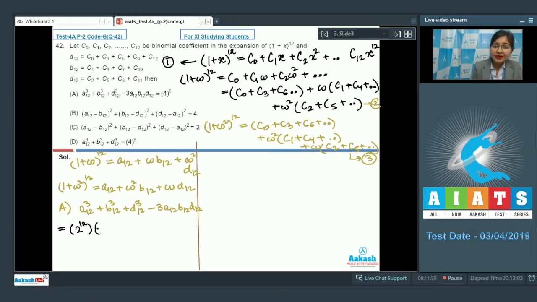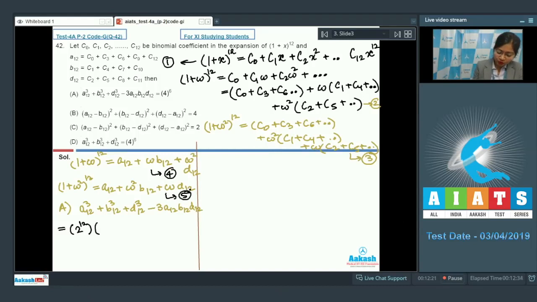And we know that it can be written equal to (A12 plus omega B12 plus omega square D12) into (A12 plus omega square B12 plus omega into D12). That is the multiplication of the terms written on the right side of equation 4 and equation 5, right?